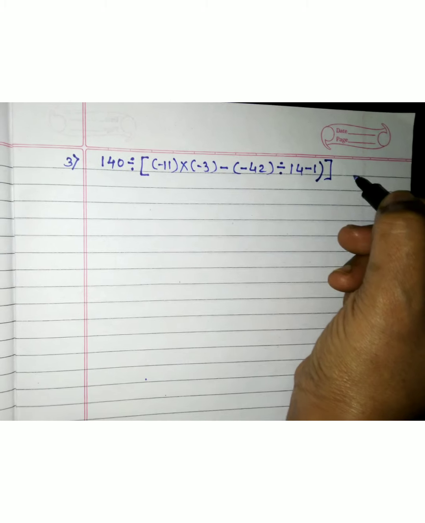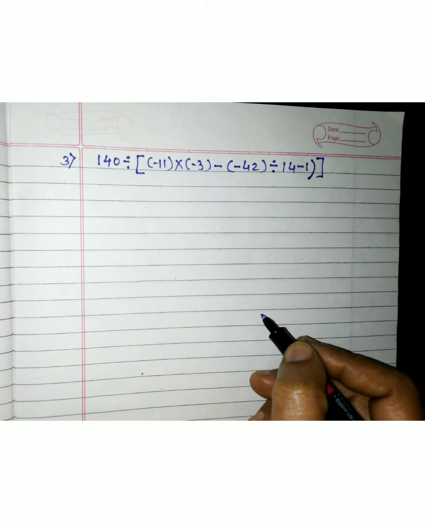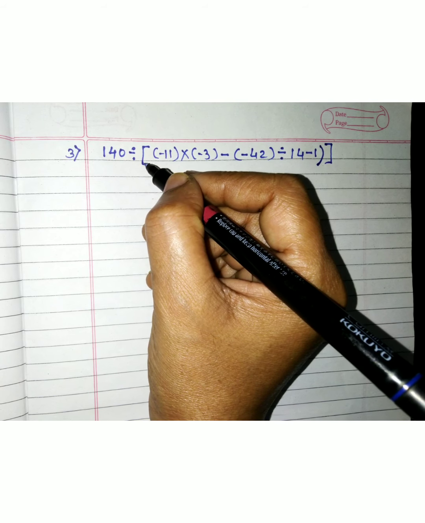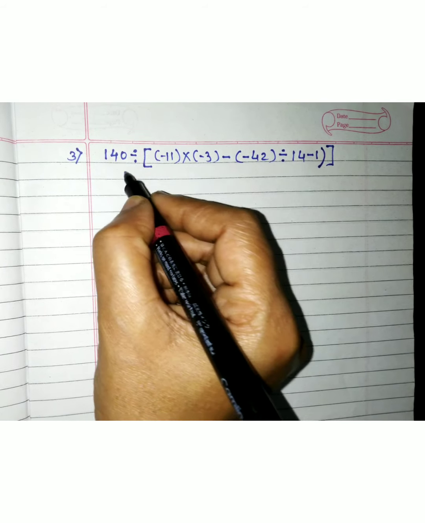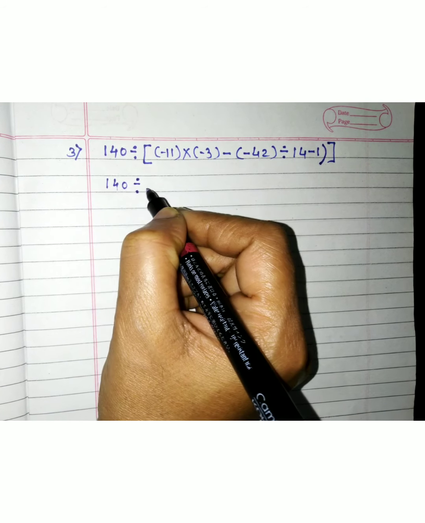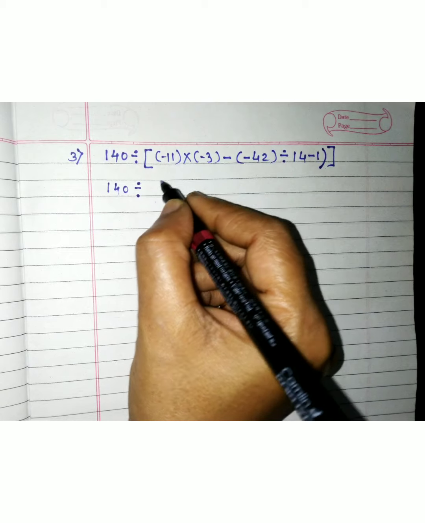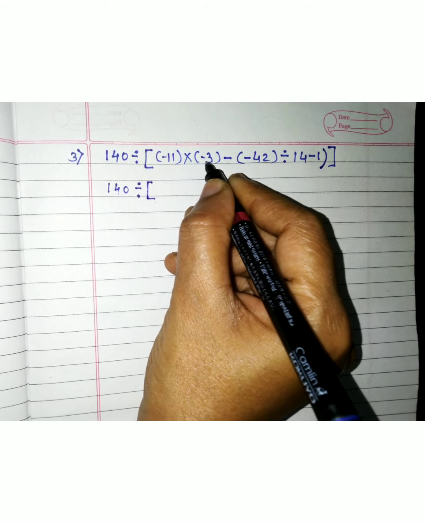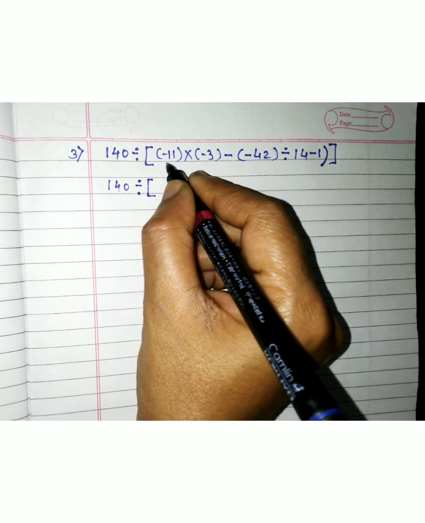This square bracket complete. 140 divided by minus 11 multiply minus 3. We will solve this.